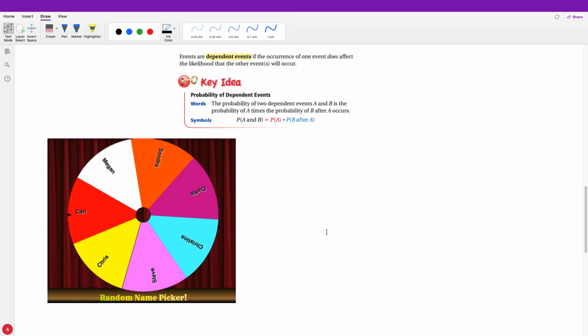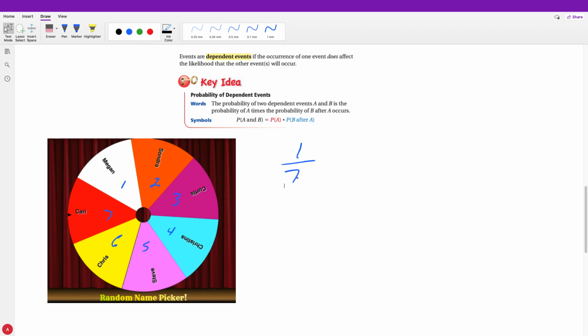All right, so we've used this spinning wheel to determine who's going to pick their seats first and other things as well. If we were to think about this, we have 1, 2, 3, 4, 5, 6, 7. So if I said, when we spin the wheel, what are the odds of us picking Steve, or whatever it may be? Well, it is a 1 out of 7 chance. Let's just say Chris.